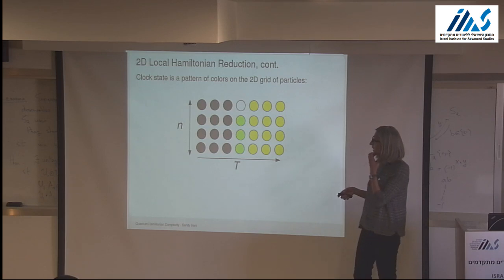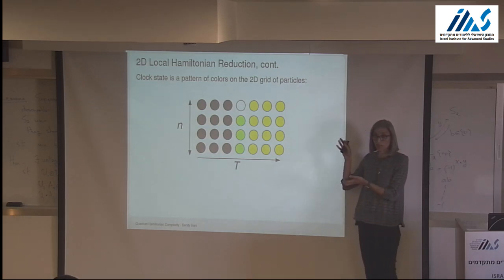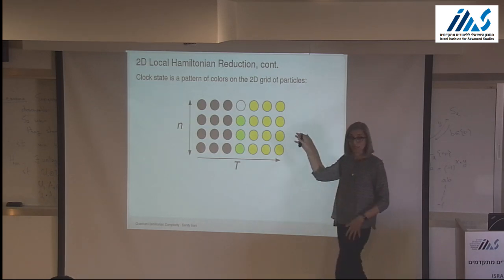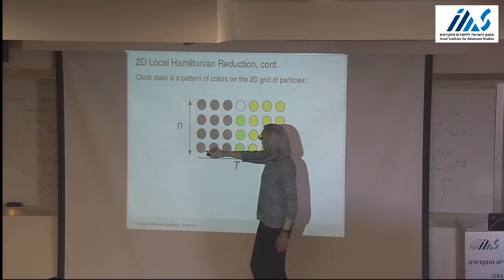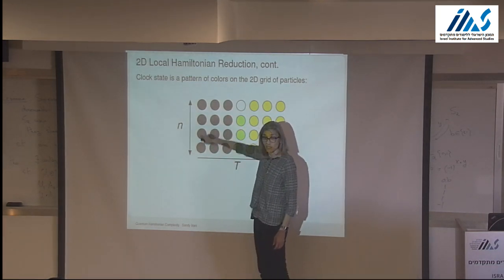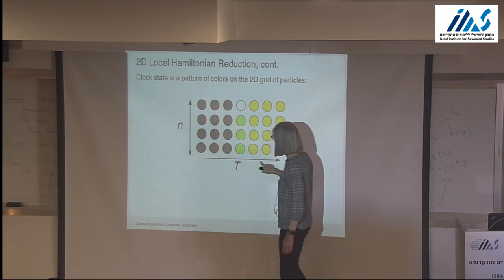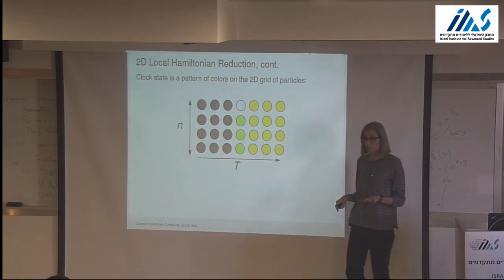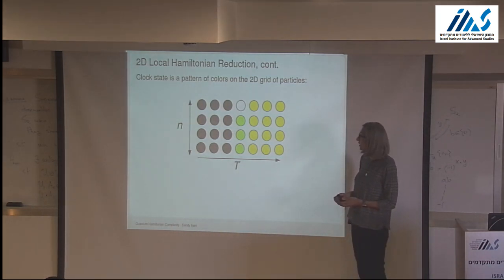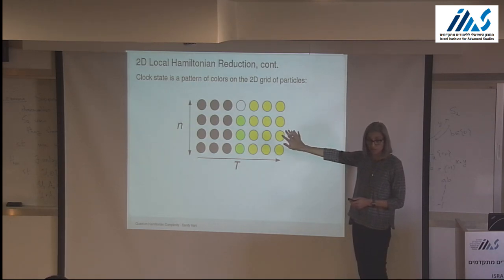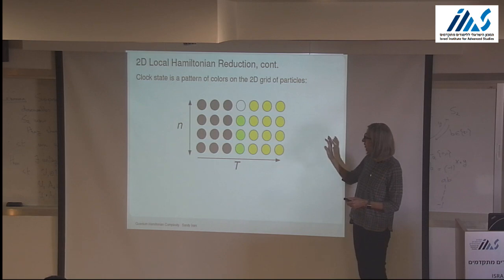So a clock state is just a pattern of colors of these little dots on this grid. So here's N. This is the width of my circuit. And this is time. And a particular state of the clock is just a pattern of colors on this 2D grid. And it's encoded in such a way.